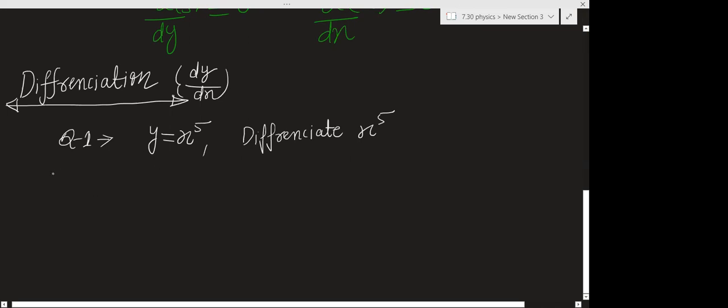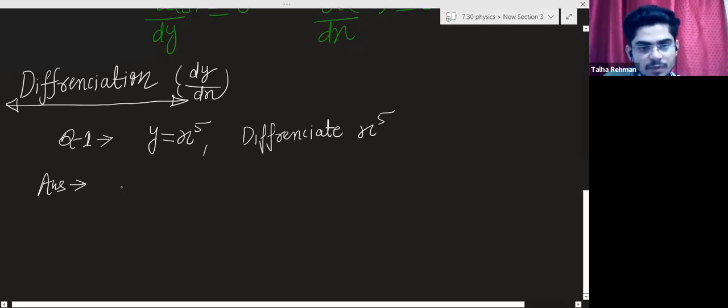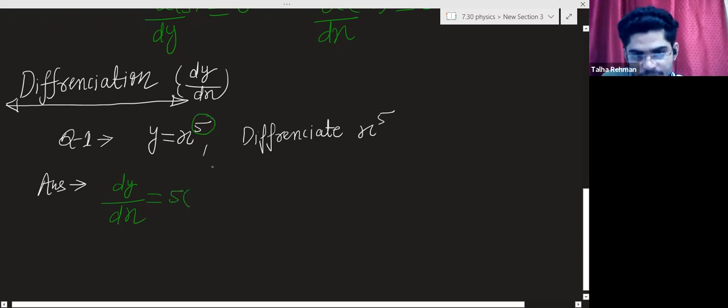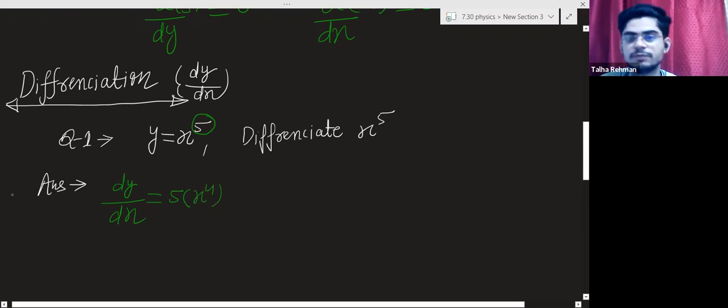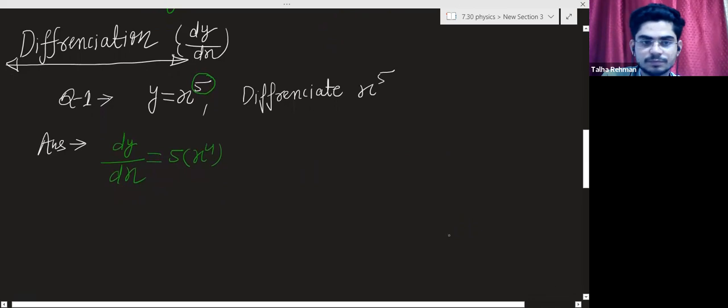It means I have to calculate dy by dx, and dy by dx is simply what I have done. This power will come here, and we will subtract 1. This is x to the power 5, here x to the power 4. Finish. That's it. Let's move to another question.